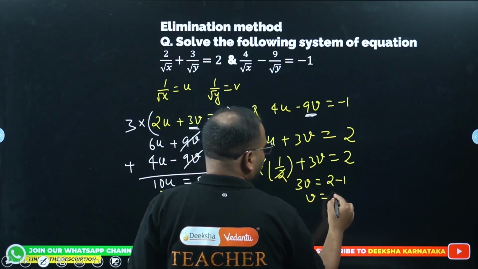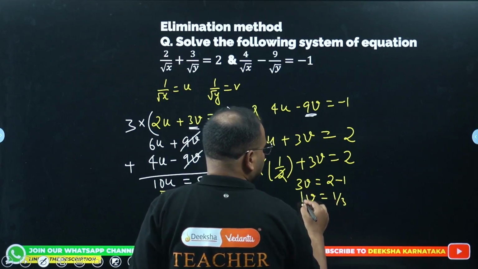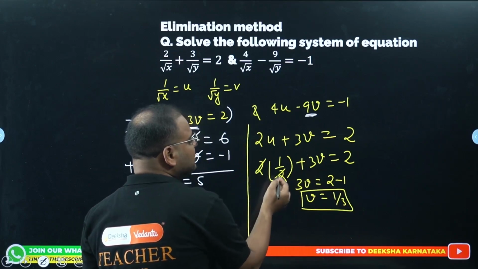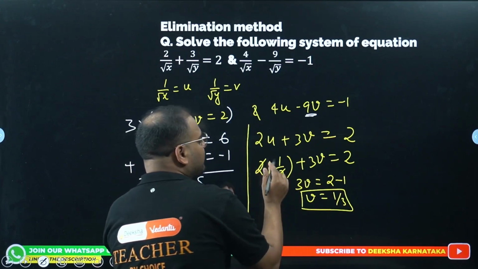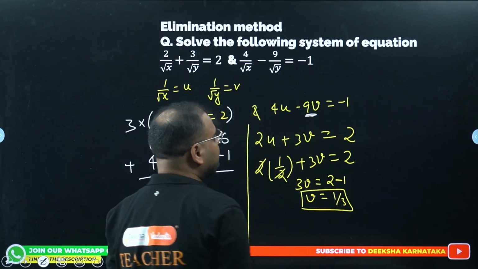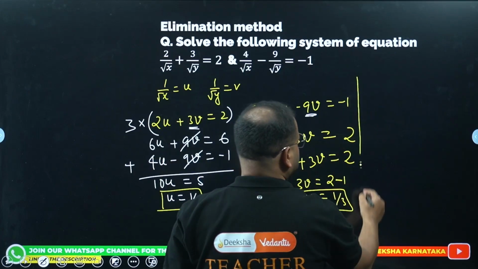So v is equal to 1 by 3. How is it 2 minus 1? Because after cancellation, just 1 is left, and that 1 is positive here, goes to the other side and becomes minus 1. So v is 1 by 3. Now the last step.